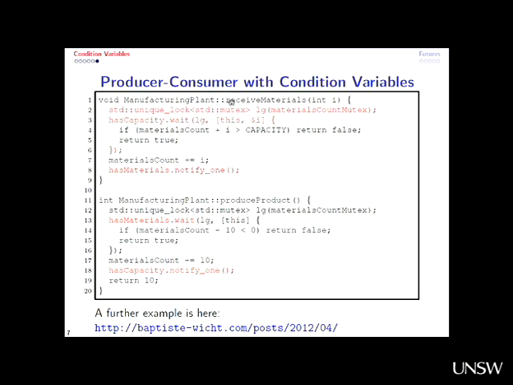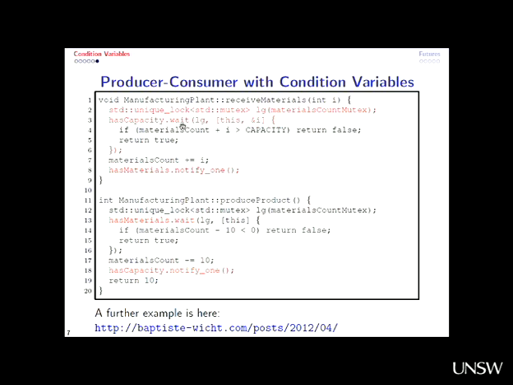Now, in receive materials, we've got to use the condition variable that we created. So hasCapacity.wait. The condition variable hasCapacity: we're going to wait on a signal to this condition variable to say it actually has capacity.